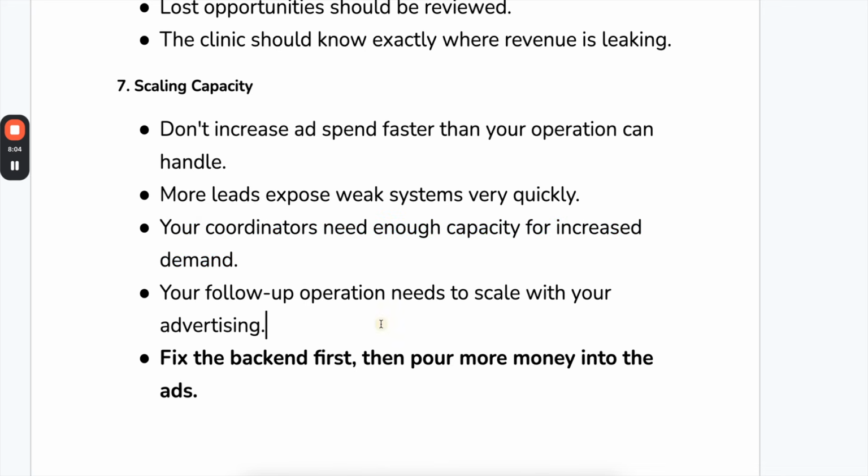And also, your follow-up operation needs to scale with your advertising. So the more you increase your advertising, the more your follow-up operation needs to be balanced and parallel and matching with your advertising. So the more advertising you're doing, the more follow-up you need to be doing. And that means better systems, better operations.